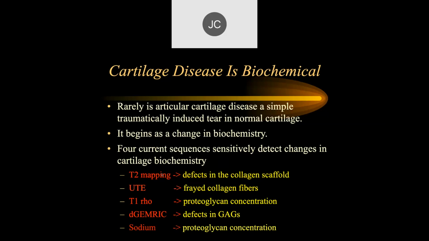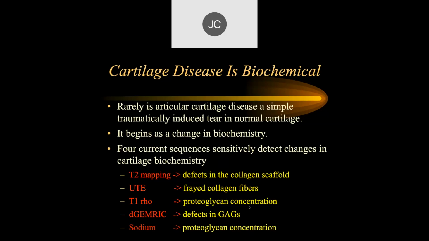But we can use T2 mapping, which is very good at looking at defects in the collagen scaffold of the articular cartilage. Ultra-short TE imaging, where you can see what is abnormal, where you have frayed collagen fibers within the articular cartilage. T1 rho technique, which basically evaluates the concentration of proteoglycans within the cartilage.